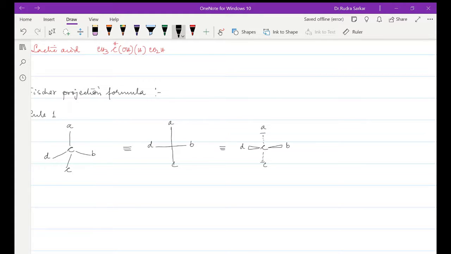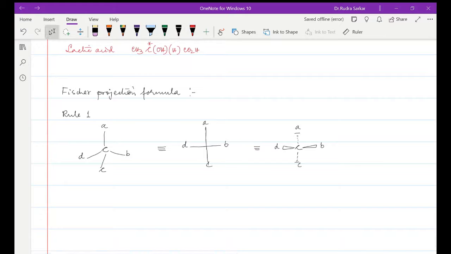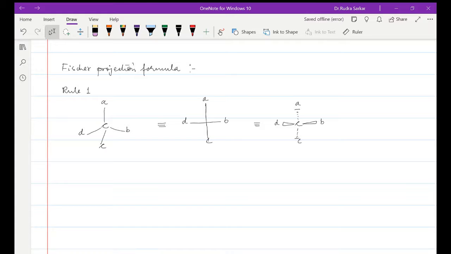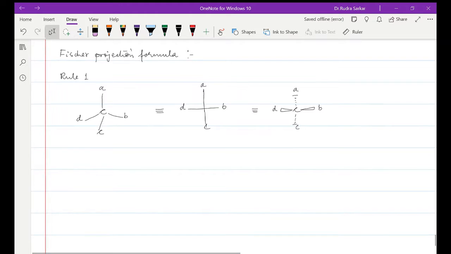Okay, so this is what it means. So D and B are out of the plane of this paper, and A and C are behind the plane of this paper. So that is how you represent a tetrahedral molecule, basically, according to Fischer.